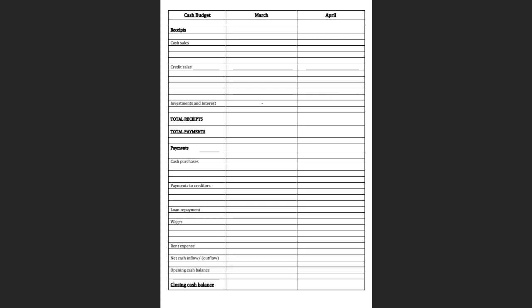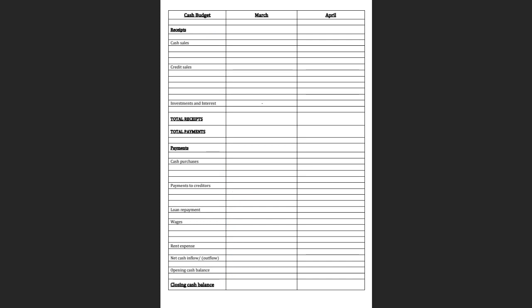These are the months that you are drawing up the schedule for, and I have included the headings of basically everything that you're going to enter into the schedule here. And we always start off with your total inflow or your total receipts.